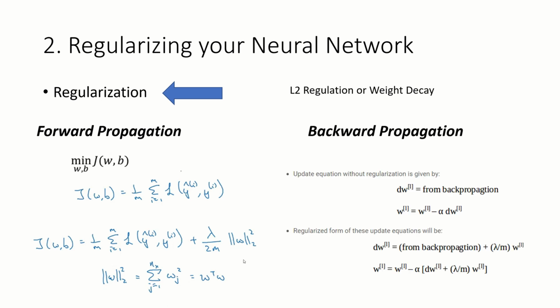On the backward propagation, we update the equations as follows. Without the regularization, this is how our backpropagation looked normally, and with regularization, we simply add the lambda term at the end here, and we update our weights using this new lambda over m term.